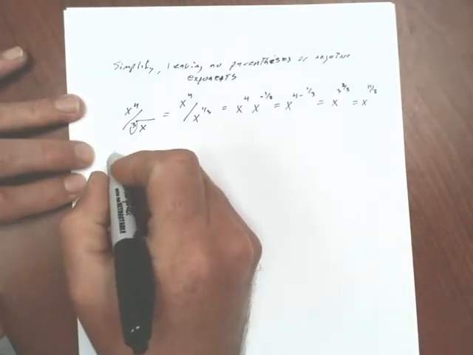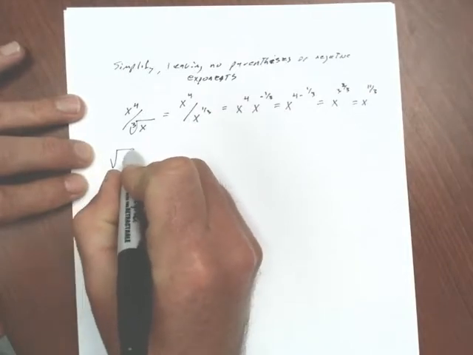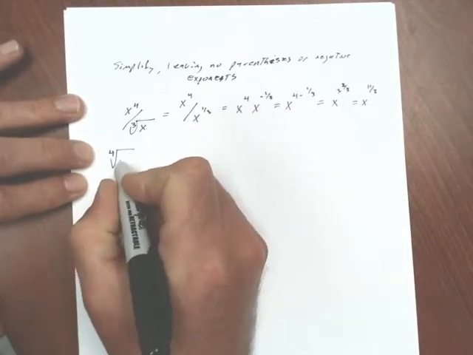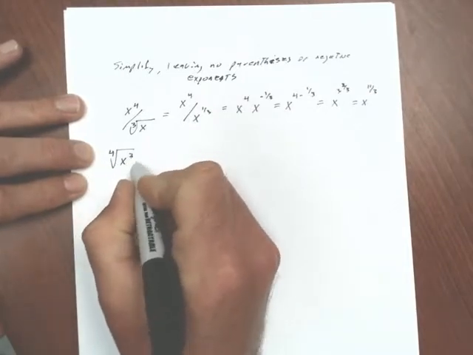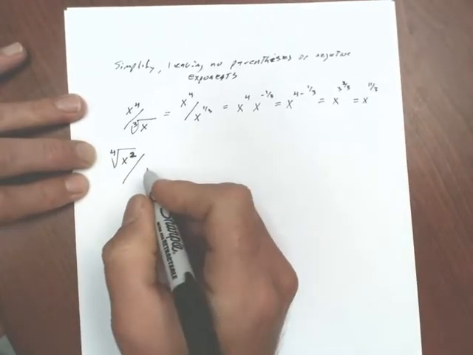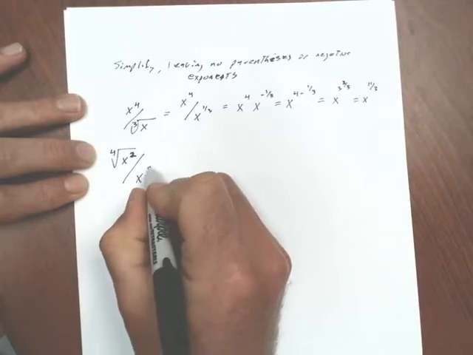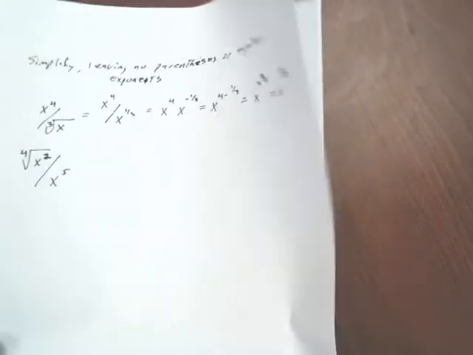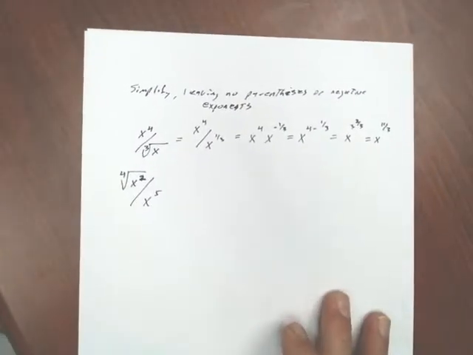Okay, let's do another one. Let's say we have the fourth root of x squared, divided by x to the fifth. Let me take this out because that's going to bleed through.